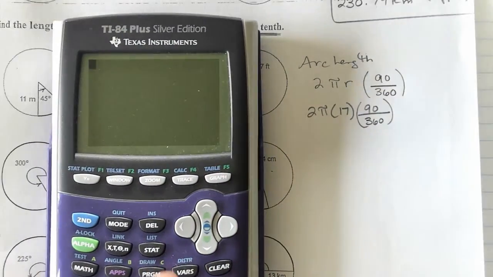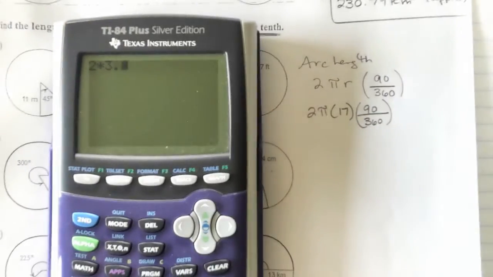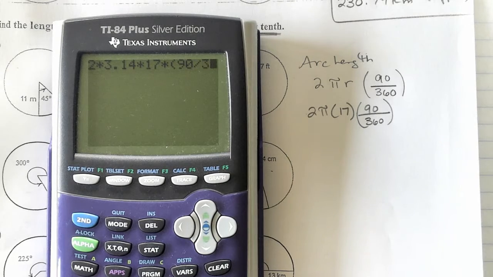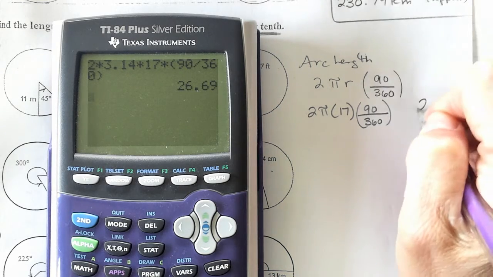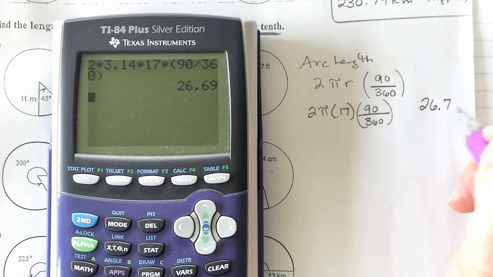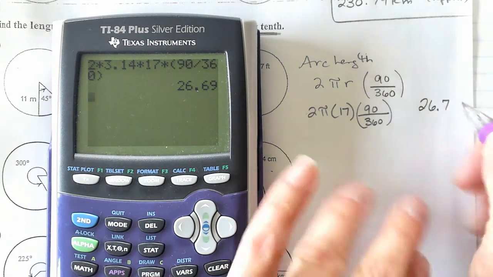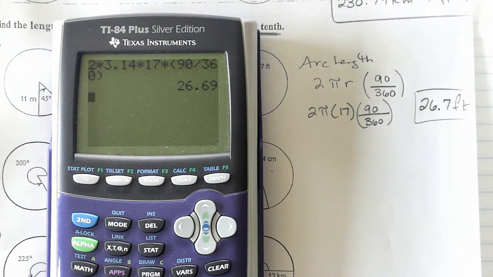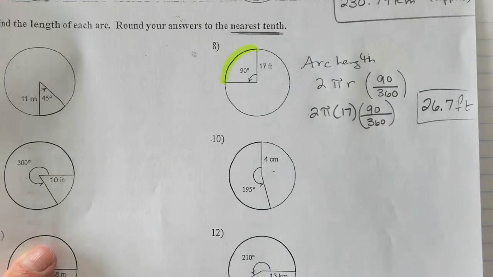So here we go: 2 times 3.14 times 17 times 90 out of 360. And I'm going to round that. We will get 26.7 because it says to the nearest tenth, which is 1 spot past the decimal. And this was feet. We just found our very first arc length example.